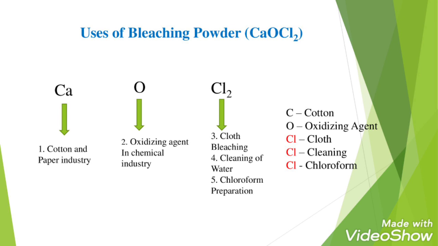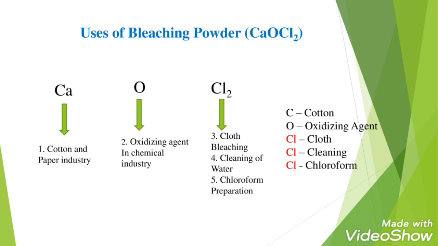Now I am writing the calcium oxychloride formula with some space. By C you can write cotton and paper industry, add one paper word. O for oxidizing agent in chemical industry, second point.